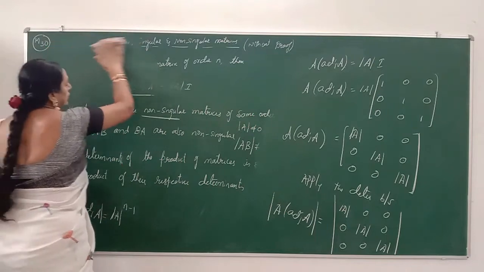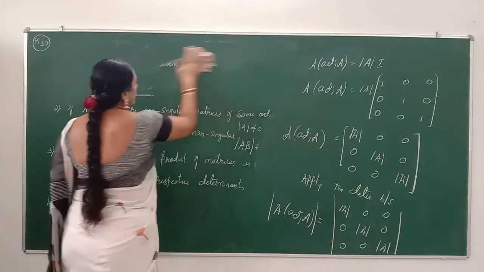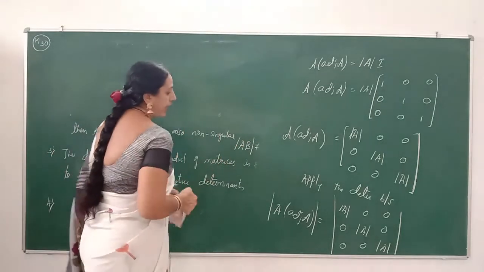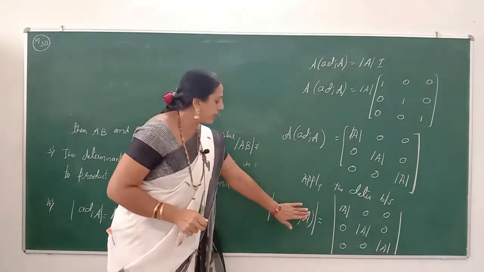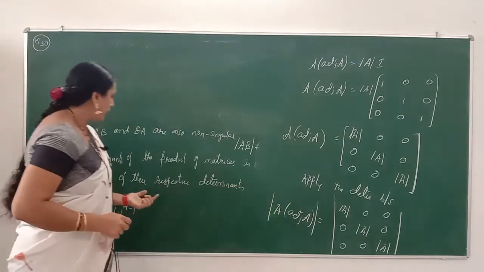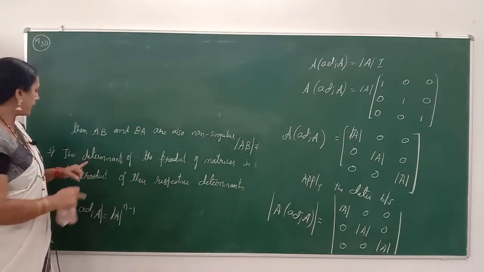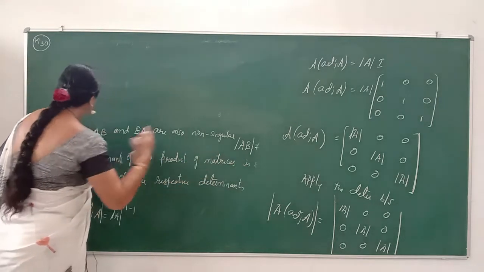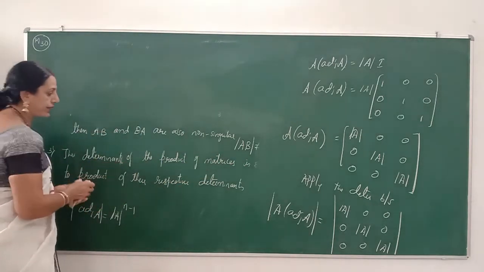Now first we will observe the elements of the LHS. The LHS is nothing but determinant of A into adjoint of A. These are in the form of a product of two matrices. Therefore, one of the properties of determinants says the determinant of the product of matrices is equal to the product of the determinants.